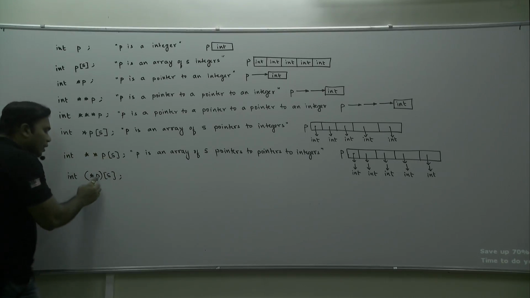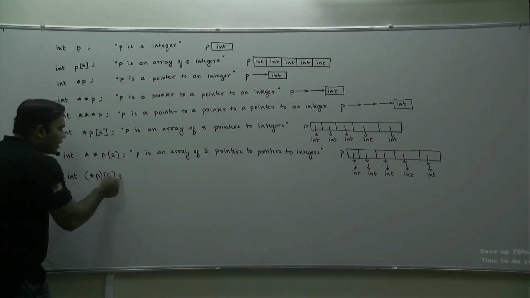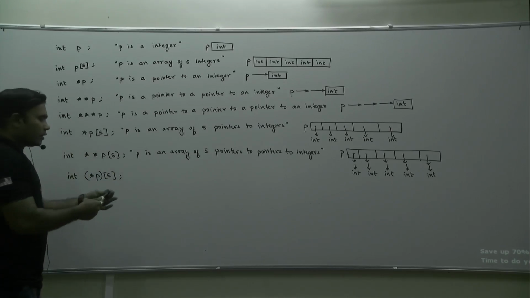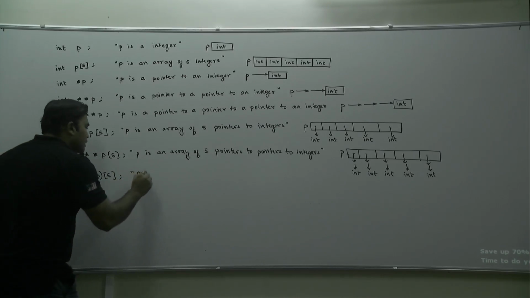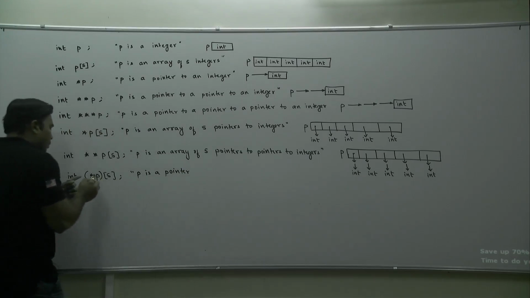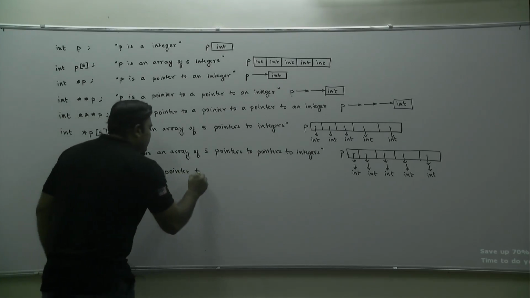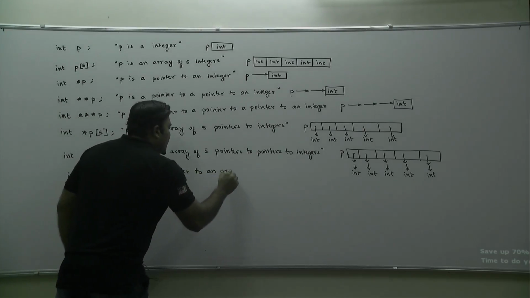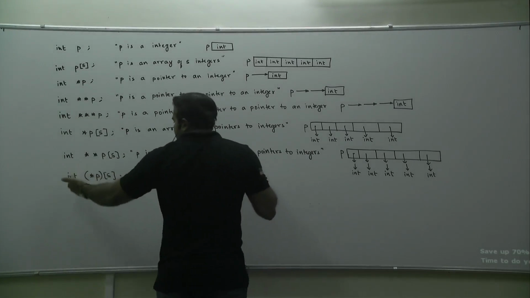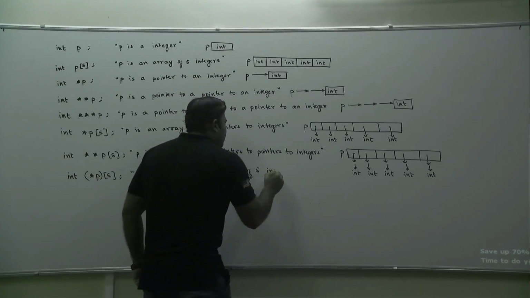Pay attention. P is a pointer to an array of 5 integers. That is the way you have to read it. That is what I am telling here. P is a pointer, so the bracket part is over. P is a pointer to an array, to an array of 5, because you hit the dead end, get back, of 5 integers.